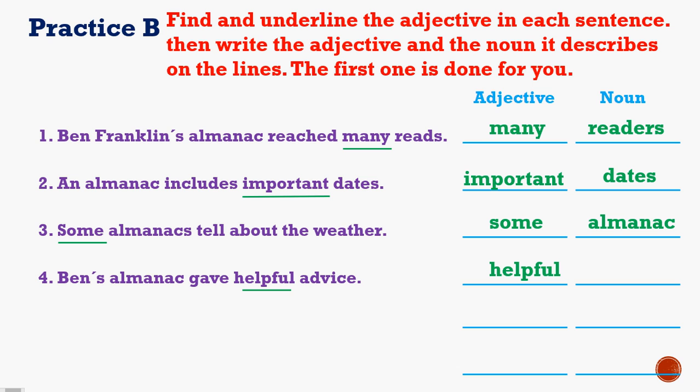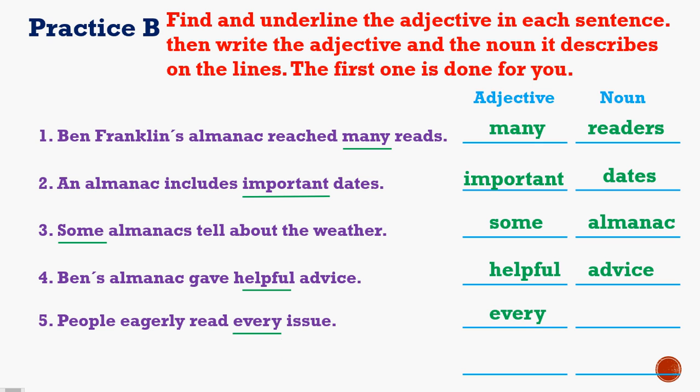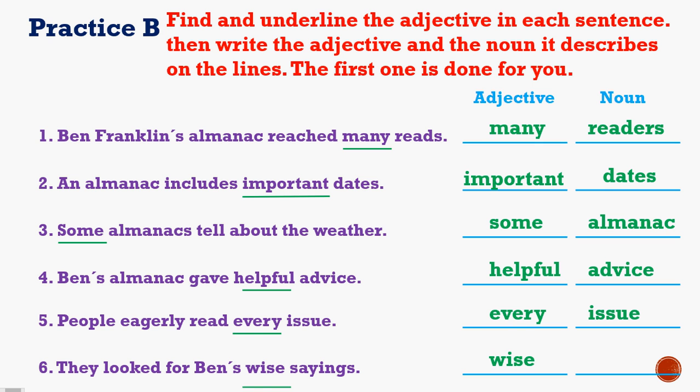So the noun it's advice. Number 5. People eagerly read every issue. The adjective it's every. And the noun it's issue. Good job. Number 6. They looked for Ben's wise sayings. The adjective over here it's wise. And the noun it's sayings. Perfect.